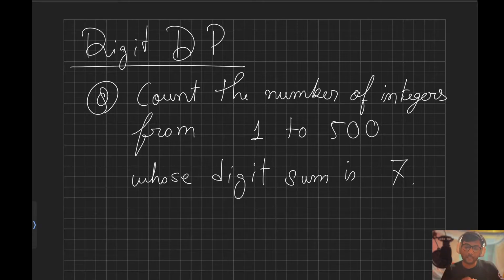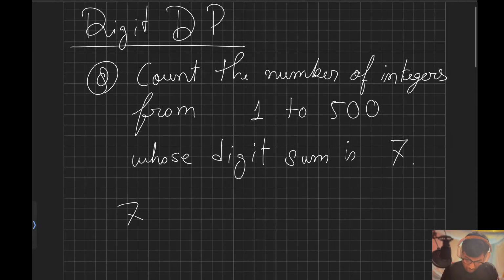So I want to count how many, like for example 7 will work, 43 will work, 34 will work, because the digit sum of these numbers is equal to 7.